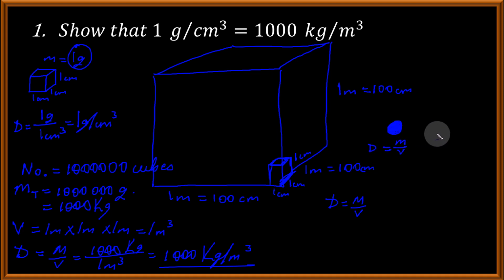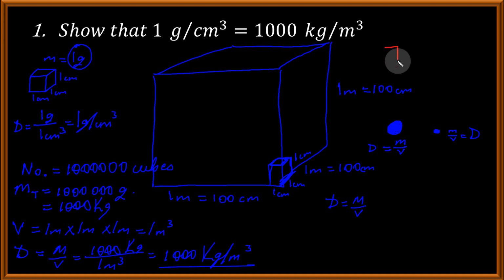Now, if I get a smaller chunk of that object, and divide that very small mass by that very small volume, I'm going to get density, which should be equal to this density here, because it does not mean that when the substance is big, it has a larger density, and when it is small, it has a smaller density.